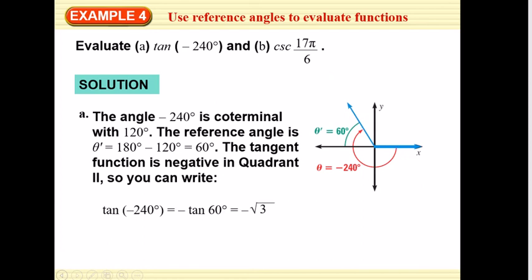I know that the tangent of 60 degrees, memorized off of that chart from section 13.1, is, so if I were to write it out, tangent of 60 degrees equals square root of 3. And since the angle that we have is negative and it's in the second quadrant here, we need to make sure that that is negative as well. So it ends up being a negative radical 3.